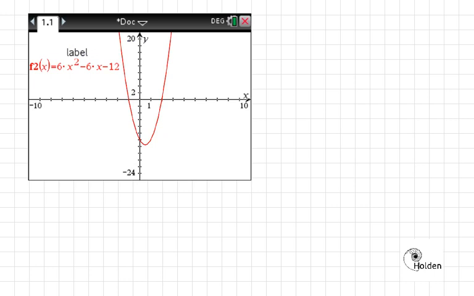Next, if we have our derivative function, this is what it's doing. If you plug in a small number, a negative number, you're going to get a really big positive value, and this gradient function is decreasing. The graph, our original function, isn't decreasing, it's increasing because the gradient is still positive.